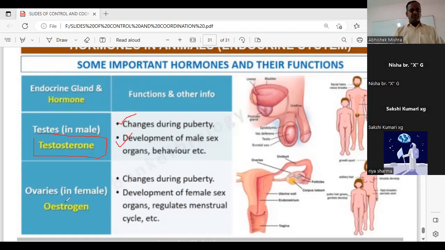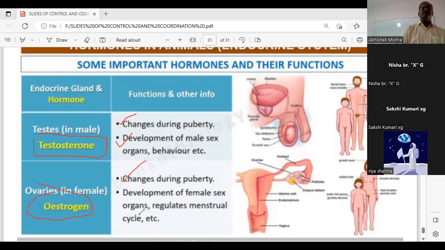Whatever function testosterone does in the male reproductive system, in the female reproductive system estrogen does the same function. It brings changes during puberty, development of the female sex organs, and regulates the menstrual cycle.